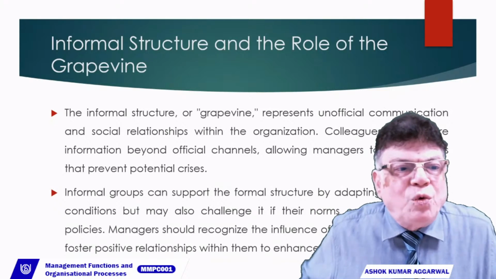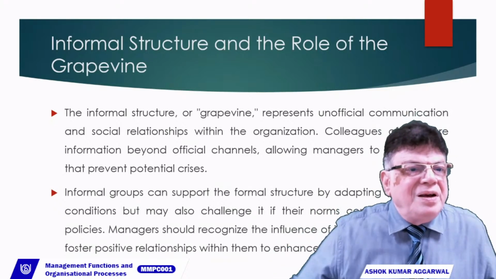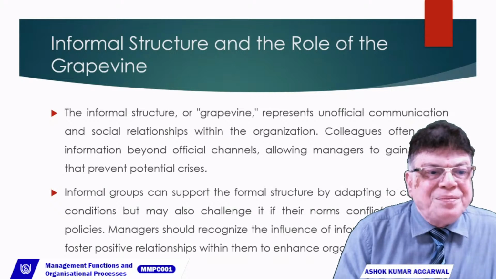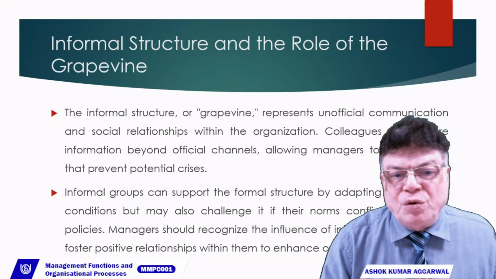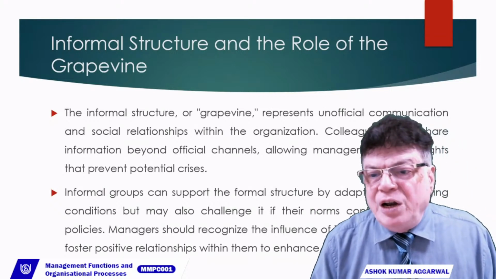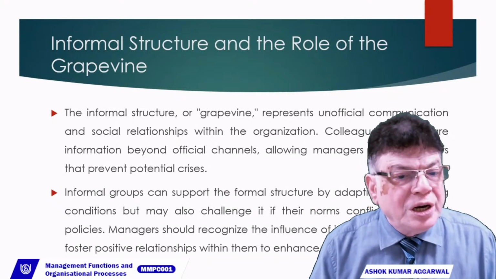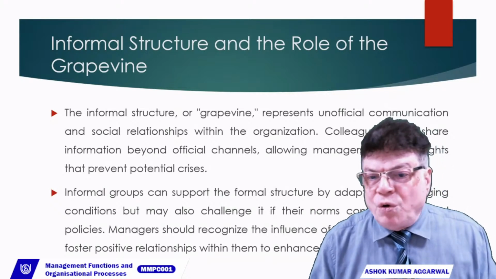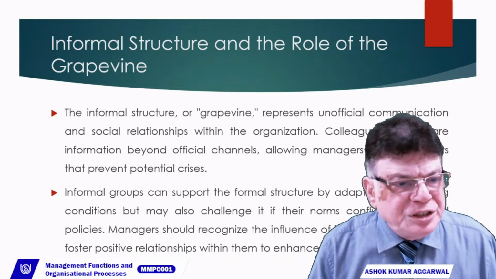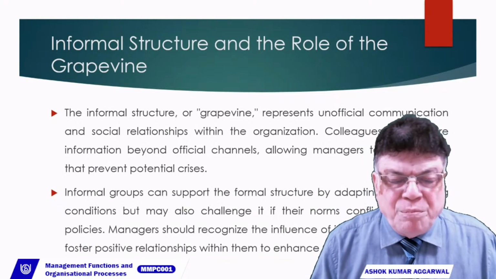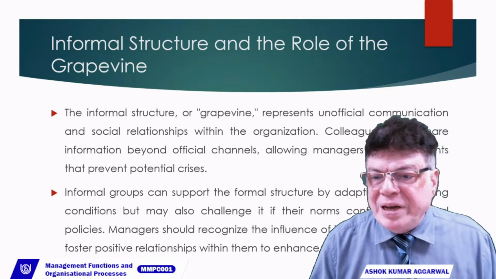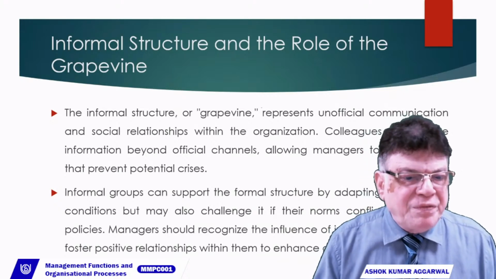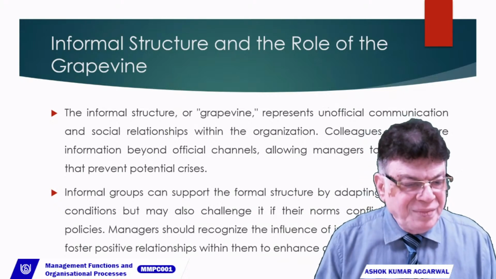Informal structure and the role of the grapevine. The informal structure or grapevine represents unofficial communication and social relationships within the organization. Colleagues often share information beyond official channels, allowing managers to gain insights that prevent potential crises.